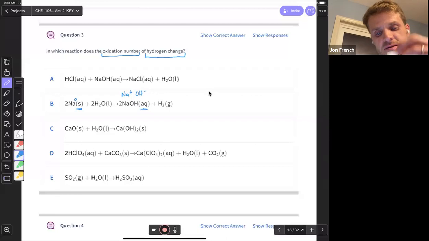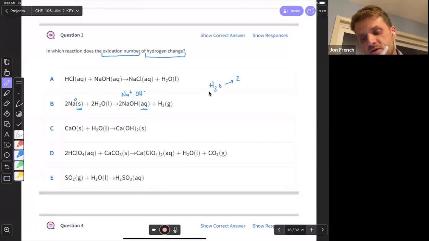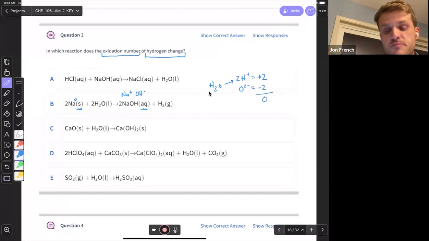And then if I take a look at water, we can break apart water. I've got 2 hydrogens at +1 each, so a total charge of +2, and then an oxygen at -2. So water is neutral there, but hydrogen is +1. And again, any diatomic molecule also is going to have a 0 oxidation state because it comes together to be balanced.